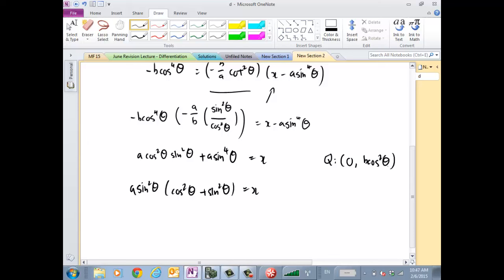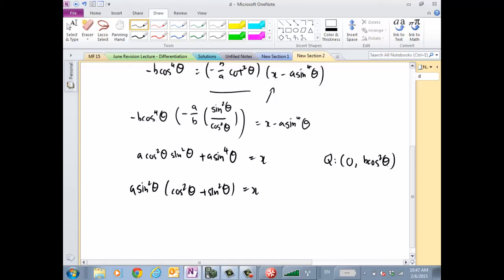I already showed you the working for P. You will have the same simplification when you are finding Q. Everything will be the same. Then you will find that the y value is b cosine square theta. Any issue? No. So I solved the 2 points for you already.